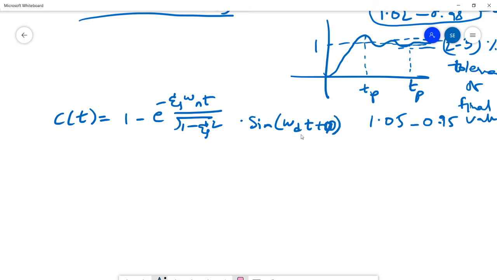This is the expression, and if you observe, what are the terms here? This is an exponential decay function, and this is a sinusoidal function.